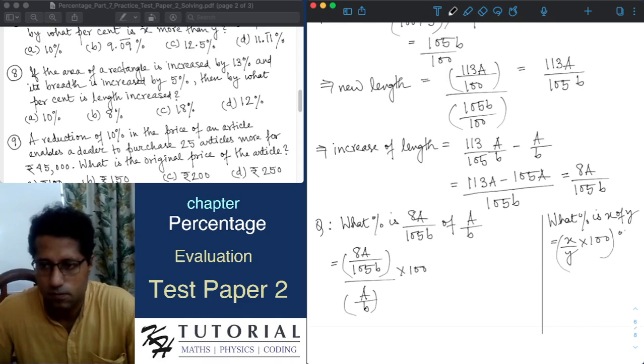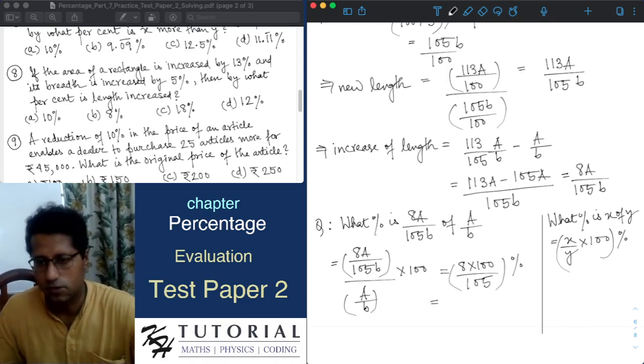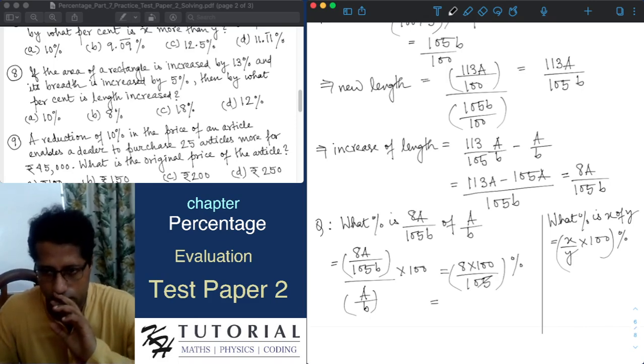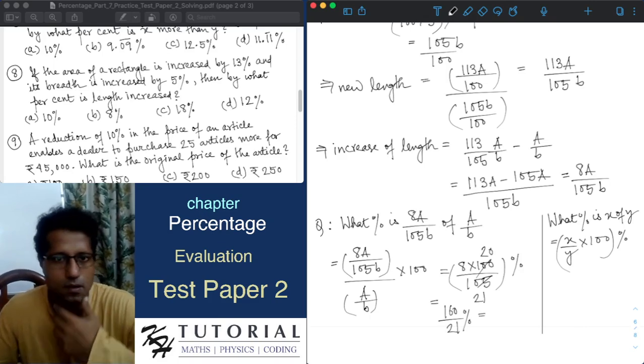Now if we simplify, A by B cancels out from both the numerator and the denominator, and we get 8 into 100 divided by 105%. If we divide by 5, we get 160 by 21%. This is an improper fraction.